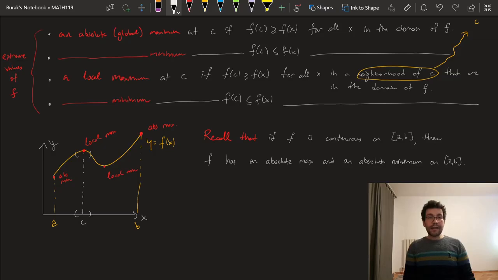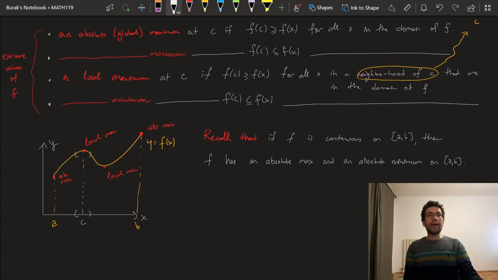So we learned about this min-max theorem. This theorem says that if you're working on a closed and bounded interval, and if your function is continuous, then absolute maximum and absolute minimum, they do exist. Okay, so you can actually try to optimize your function. So now that we know that, if we're working with such functions, continuous functions on closed and bounded intervals, these values exist.